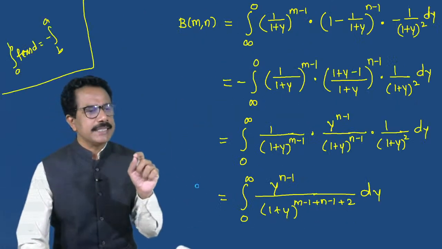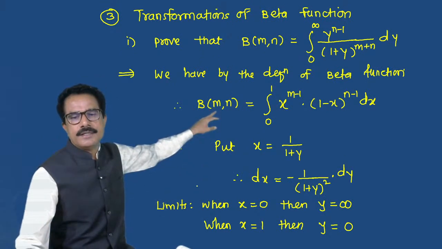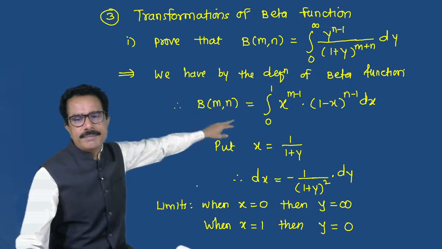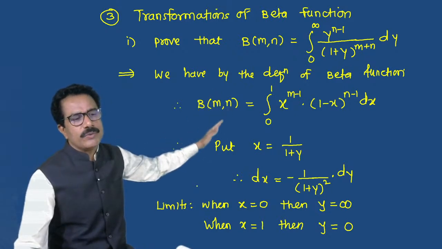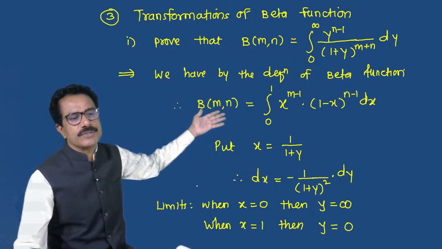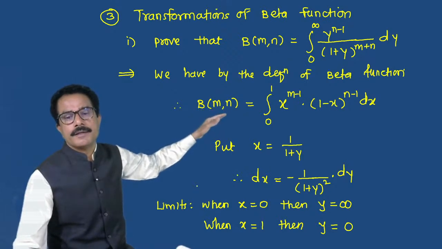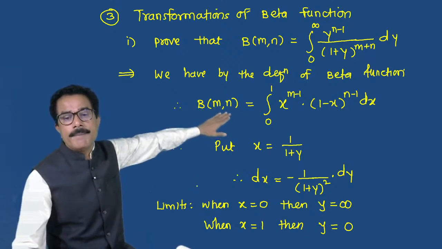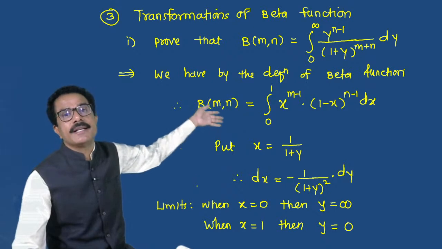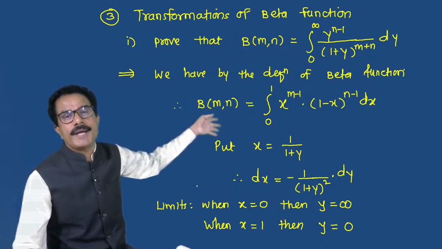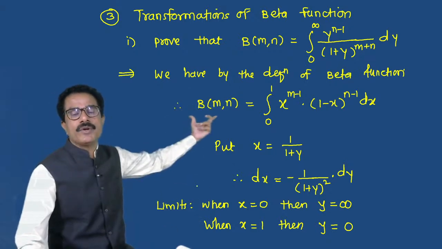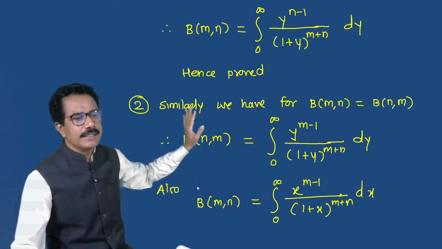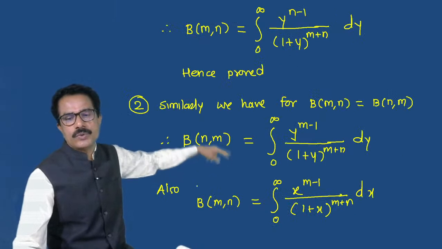Basically, the beta function according to the definition has limits from 0 to 1, x raised to m minus 1 into 1 minus x raised to n minus 1 dx. This is the basic definition of the beta function, where m and n are greater than 0. But we can write beta m comma n in another integral whose limits are 0 to infinity.